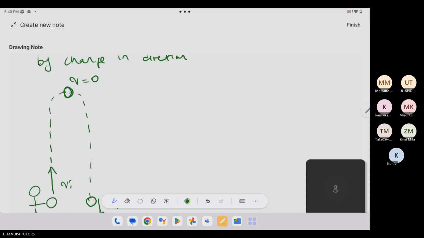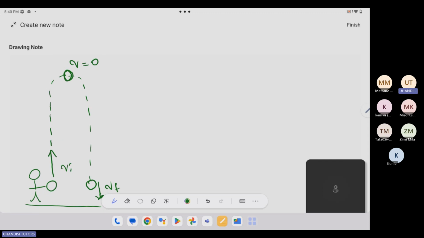So now, look guys, why is it that when you project the stone upwards, the velocity decreases? Why is that the case? You still remember what I explained about the acceleration.